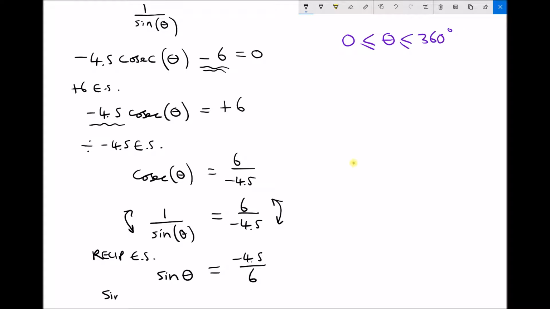We do sine to the minus 1 of each side, because the inverse of sine is sine to the minus 1, and we get theta equals sine to the minus 1 of minus 4.5 over 6, which equals minus 48.6 degrees.